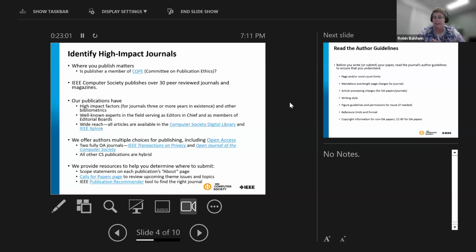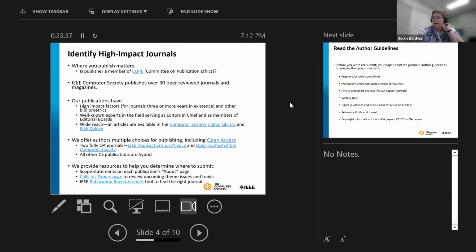And once again, our publications ranked very high in our fields of interest, the different fields of computing in particular. The top ranked journal within the Computer Society portfolio is IEEE Transactions on Pattern Analysis and Machine Intelligence. The impact factor was 20, which is very impressive.